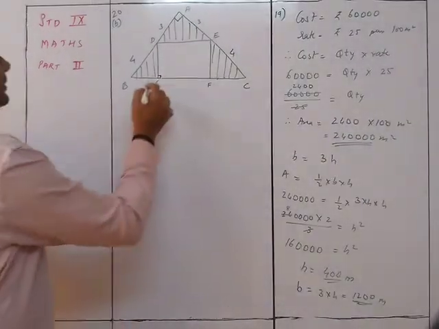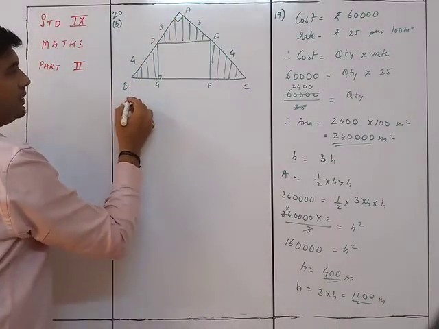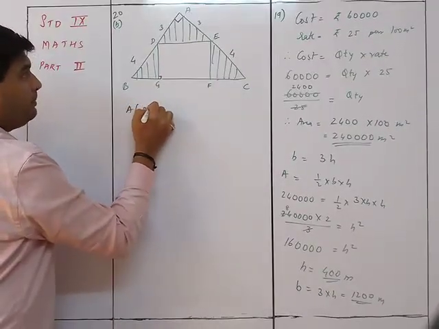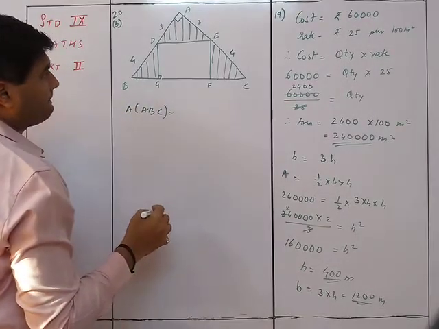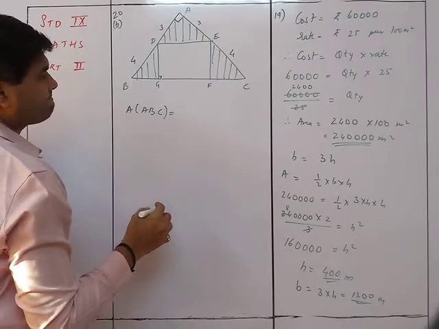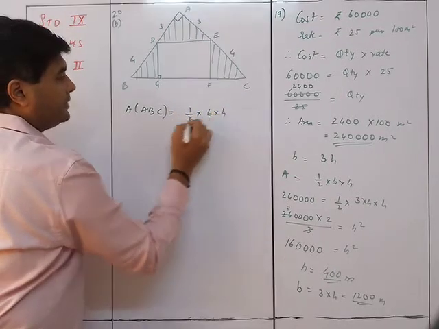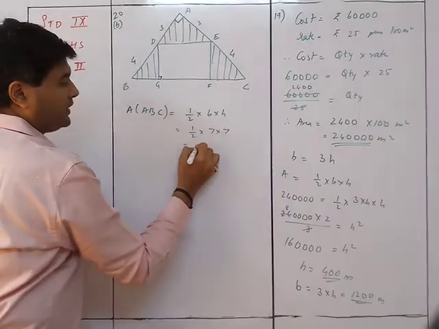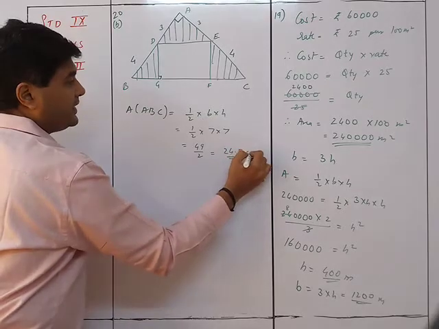Firstly, we can find out the area of ABC, which is half into base into height, equals half into 7 into 7, equals 49 upon 2, which is 24.5 centimeter square.